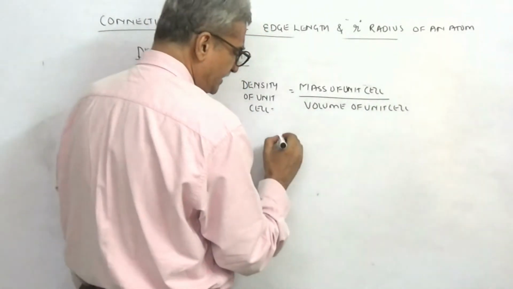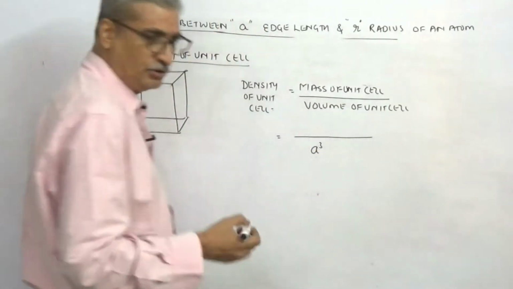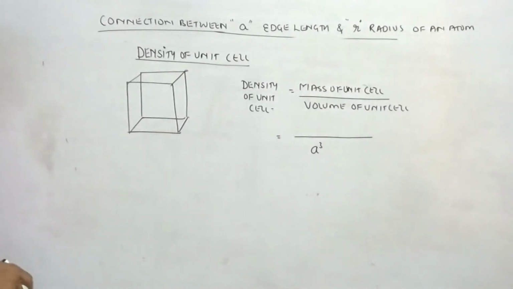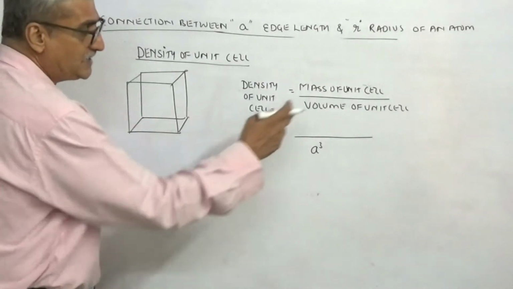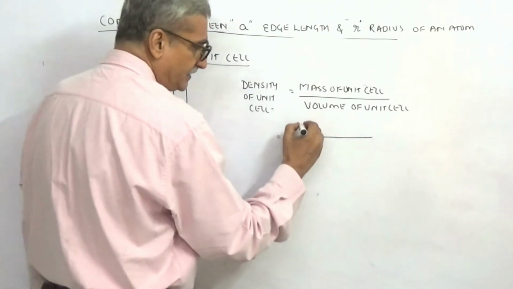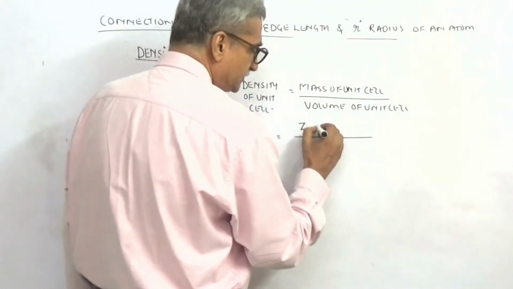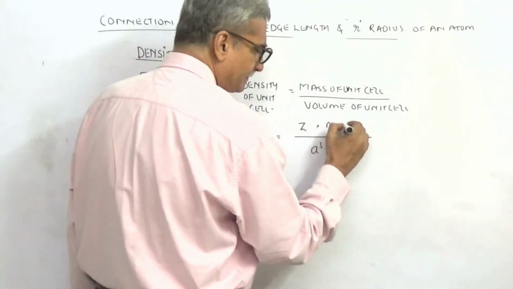See how easy the calculation is. Volume of one unit cell will be A cube, length into breadth into height. It is that easy. But what will the mass of a unit cell be? Mass of the cell is represented by Z, the number of atoms, into the mass of one atom.